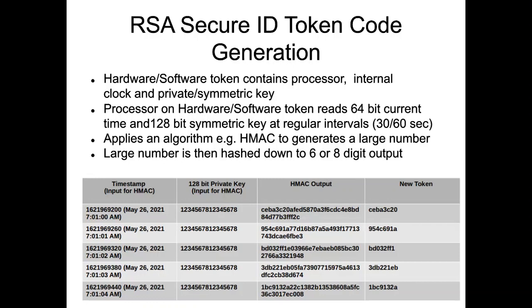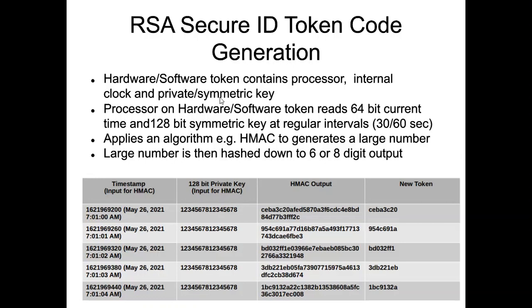So your token will display a number depending upon configuration, a new number after every 30 seconds or after every 1 minute. And the same process is being repeated on the RSA Authentication Manager. So Authentication Manager is also storing this key, and it is also running the clock.